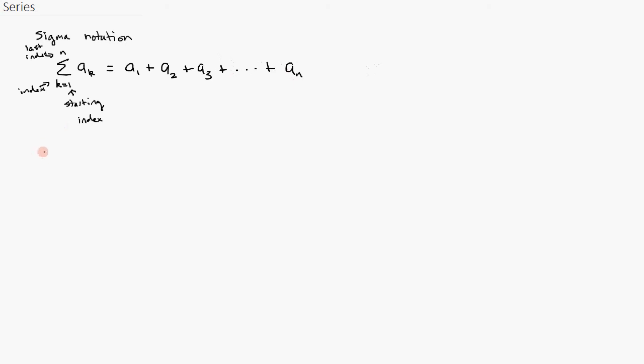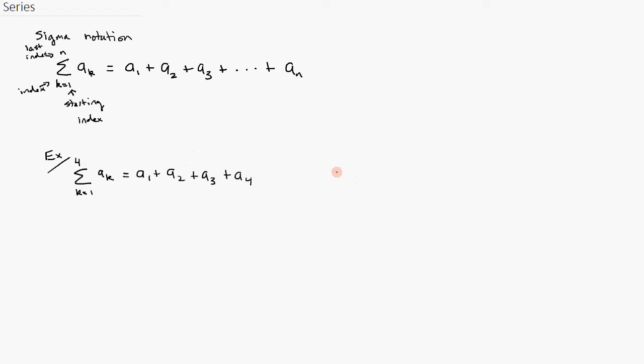So for example, if I have the sum k equals 1 to 4 of a sub k, again, the first index is 1, and then I go until index 4. So a sub 1 plus a sub 2 plus a sub 3 plus a sub 4. Whatever value these terms have, to calculate this sum, I just add all the terms up.